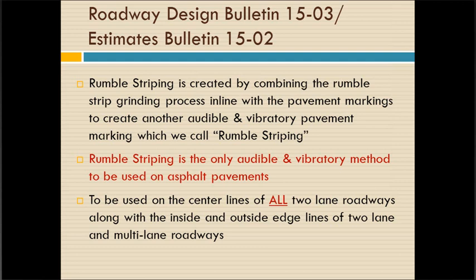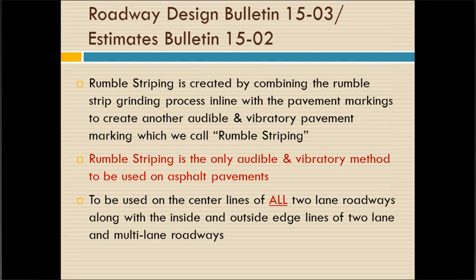Again, like profile thermoplastic, we changed the policy on when we would put an audible vibratory line on the center line. Just like profile thermoplastic, rumble striping requires the rumble striping on all center lines of all roads that meet the policy as far as 2-lane, multi-lane, greater than 50 miles an hour, and so forth.